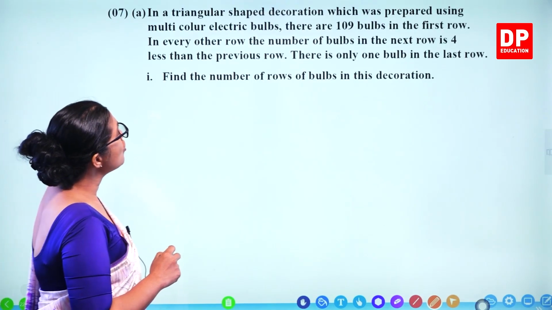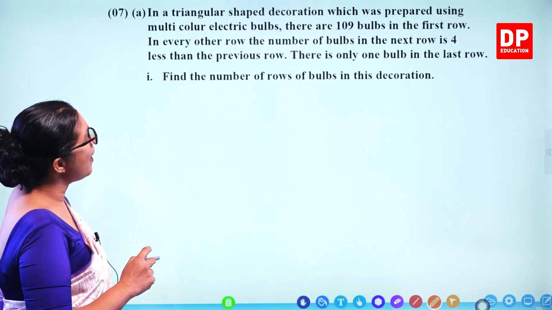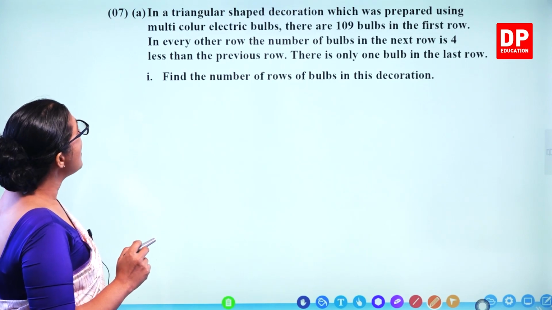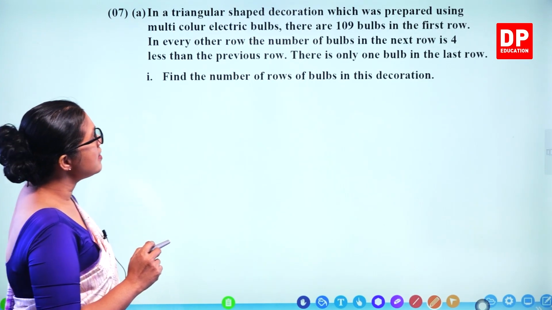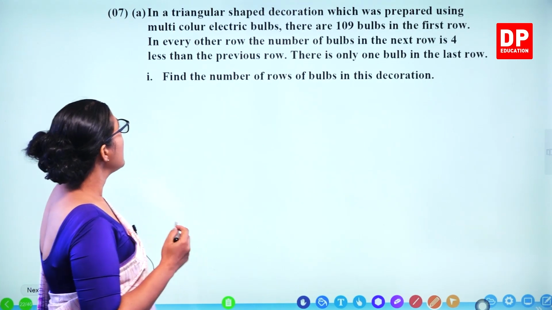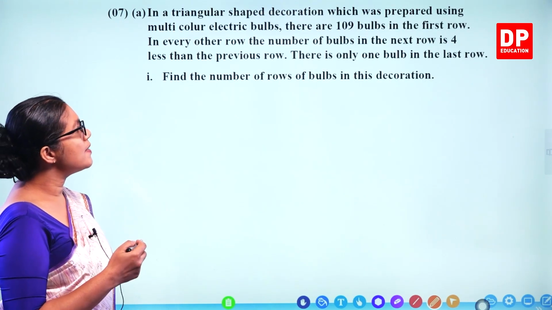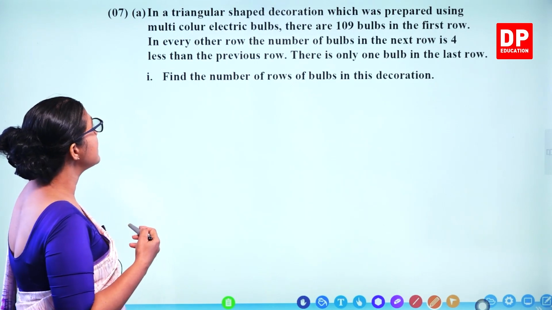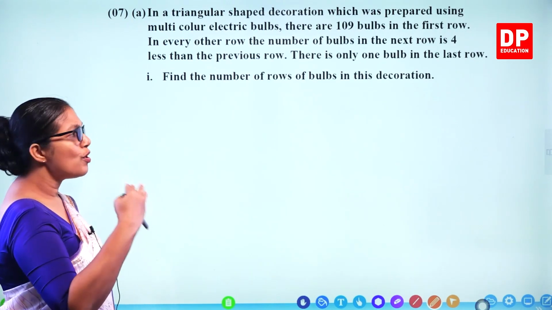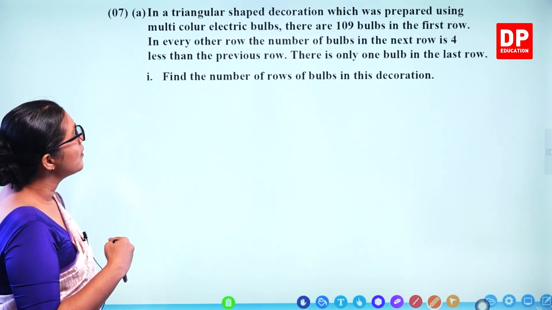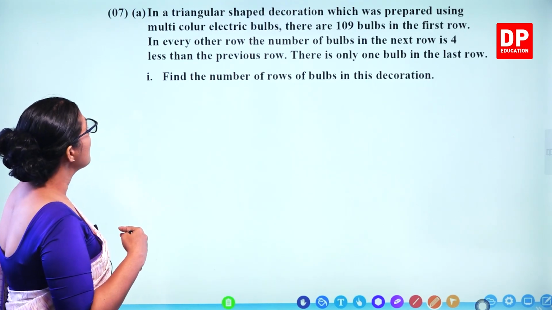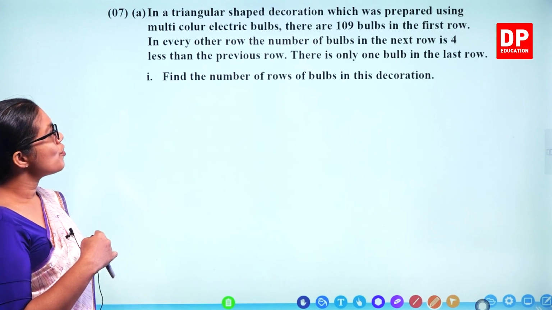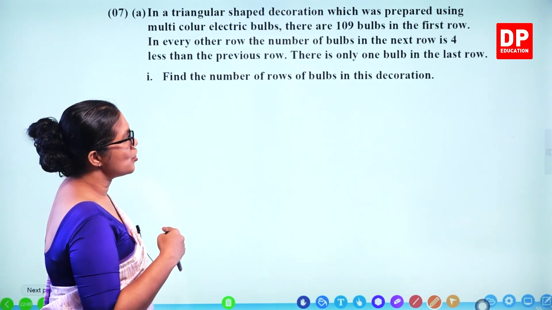In a triangular shaped decoration prepared using multicolor electric bulbs, there are 109 bulbs in the first row. In every other row, the number of bulbs is 4 less than the previous row. So decreasing by 4. There is only 1 bulb in the last row. Find the number of rows of bulbs in this decoration.